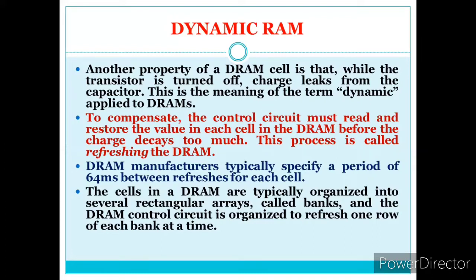And the cells in the DRAM are typically organized in several rectangular arrays called banks. These banks are refreshed one row at a time, each taking 64 milliseconds of refreshing time.